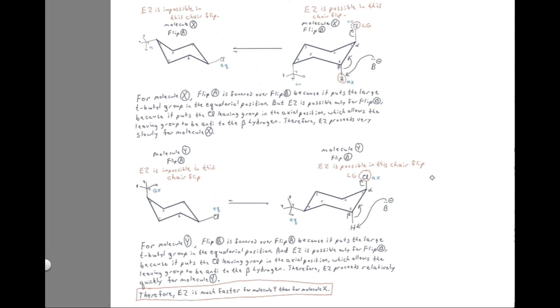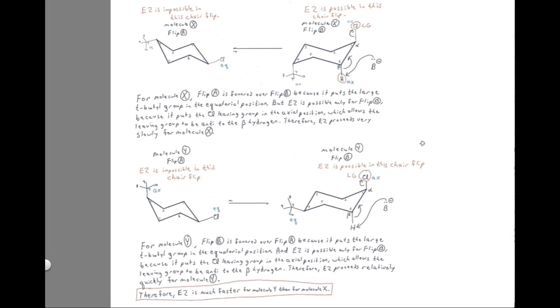But what you would need for full credit is you definitely would need to draw the chair picture for molecule X and the chair picture for molecule Y. It's not a bad idea to show both chair flips to show which is more stable and which is less stable. And you should also show which chair flip allows E2 and which one doesn't.